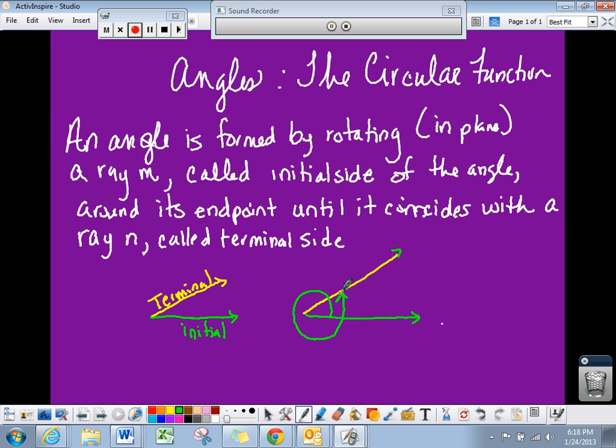So if I'm going counterclockwise, my angle theta is positive. Same angle. But if I go clockwise, my angle is negative.